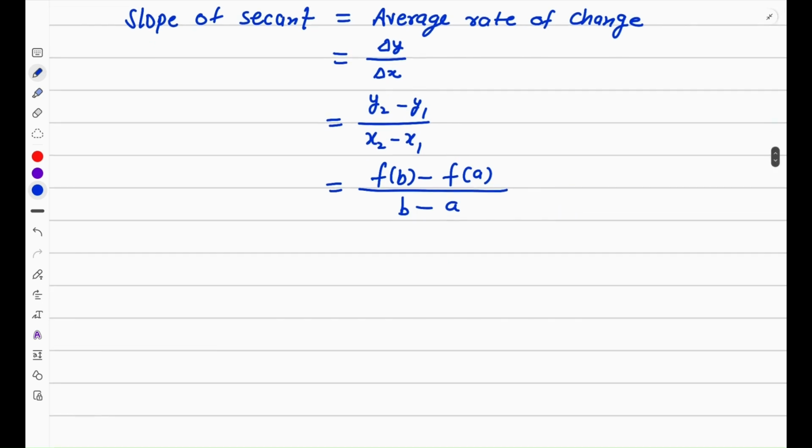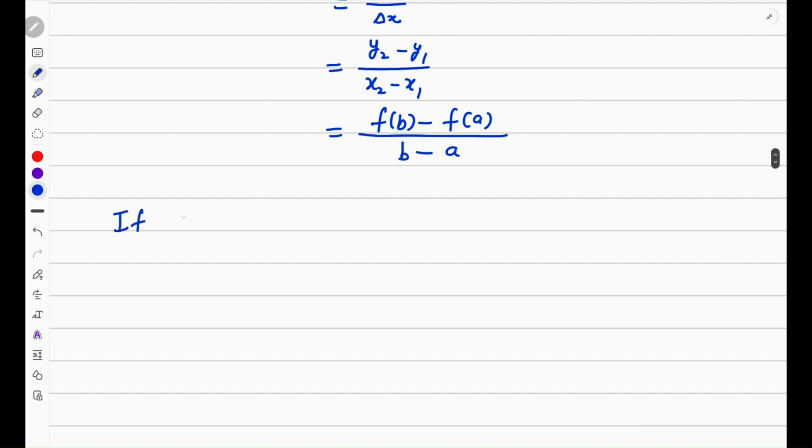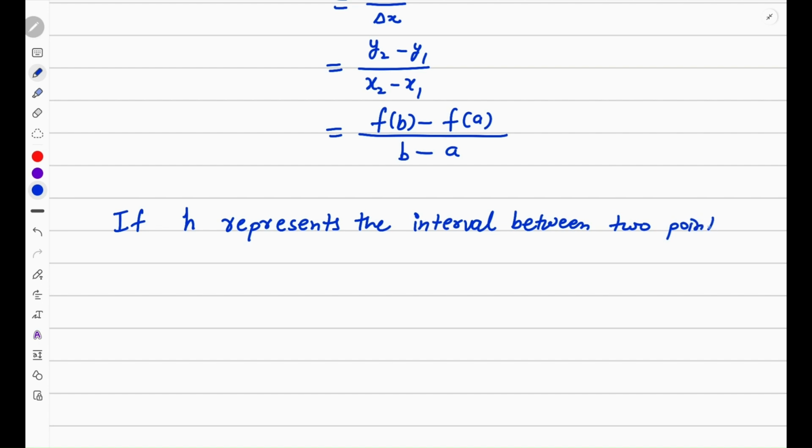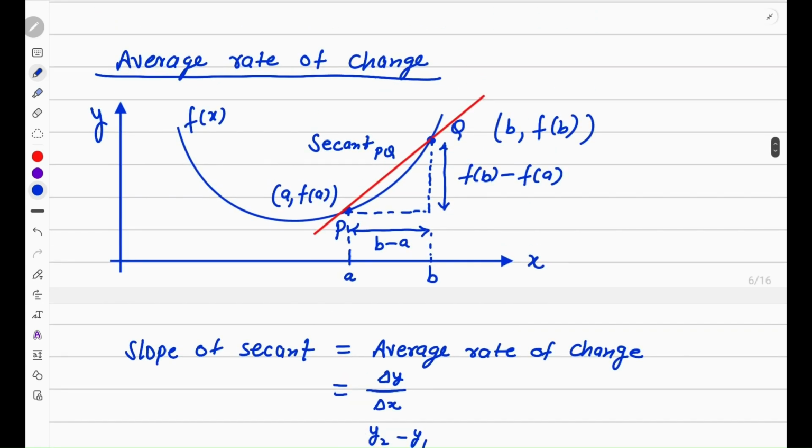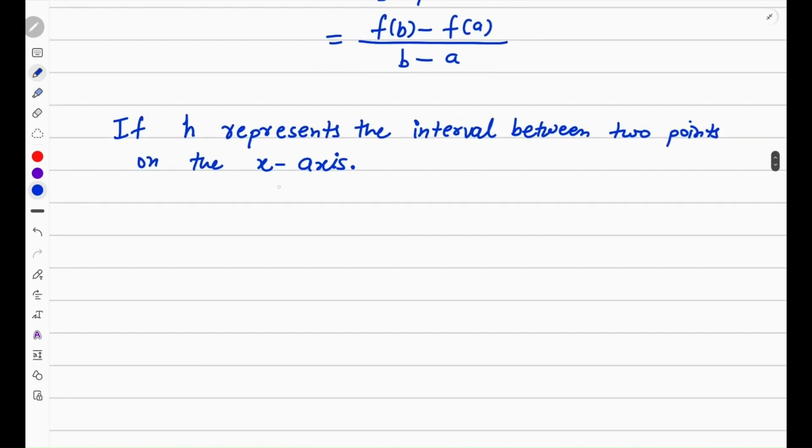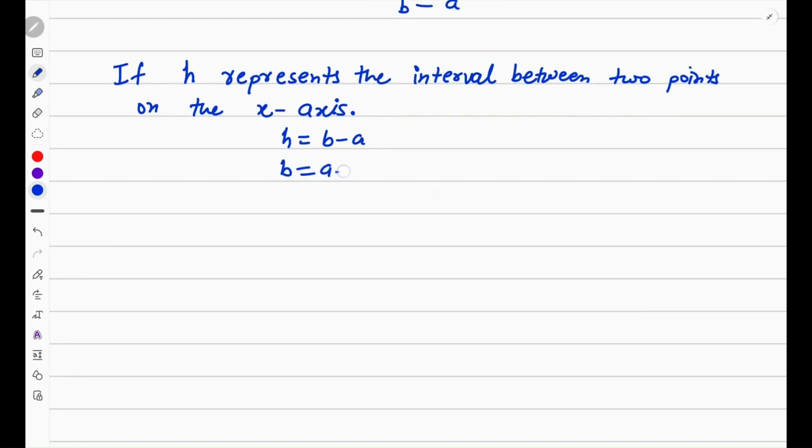If we take the slight modification, if h represents the interval between 2 points on the x-axis, then this is the interval, so we can say h equals b minus a, or we can represent b as a plus h.